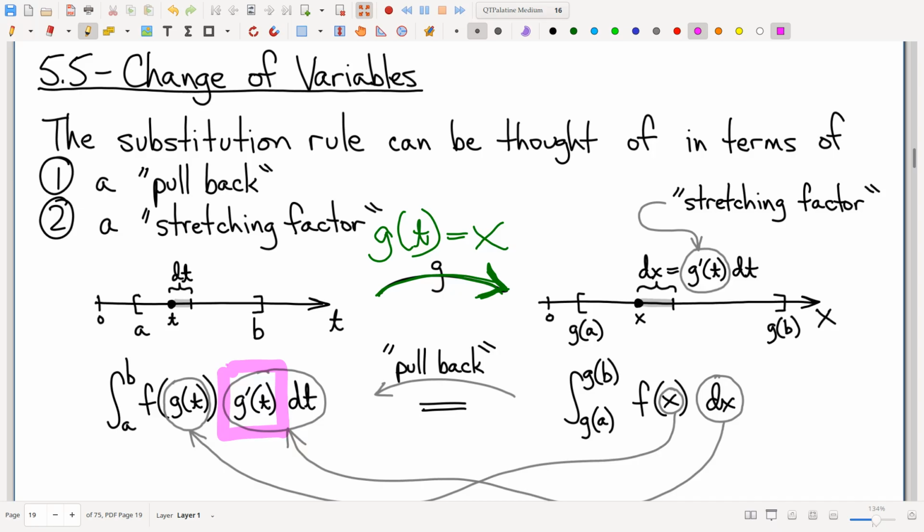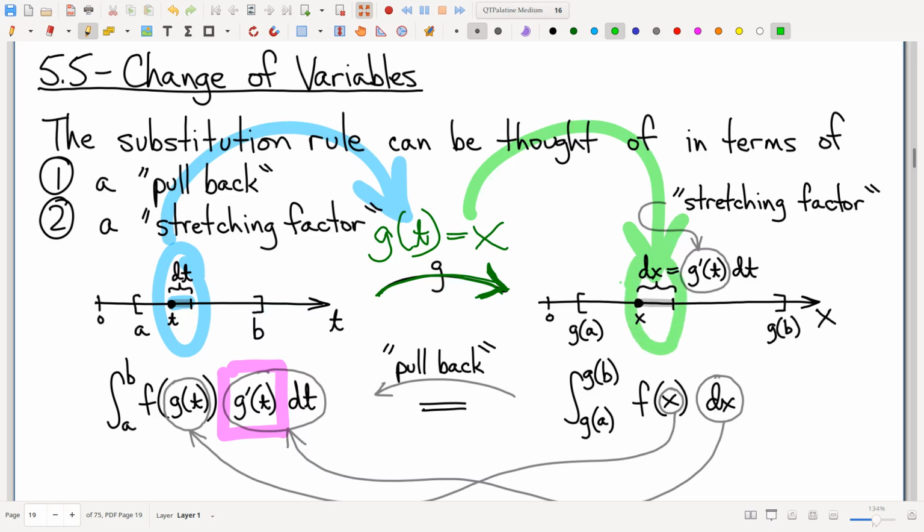Let's talk about dt. dt represents the size of a little interval, let's say on the left. Now, what happens when you take all of these values and you plug them in? A bunch of other values come out, and that gives you an interval on the right of size, I'm going to call it dx, because that represents a little piece of the x-axis. So dt gets turned into dx.